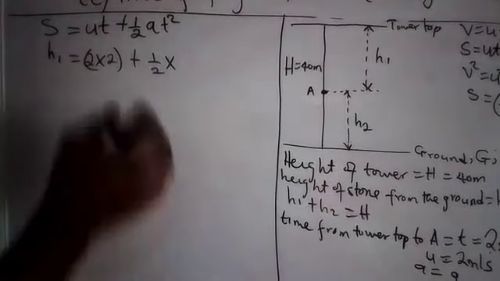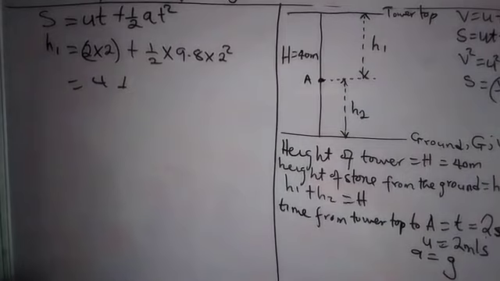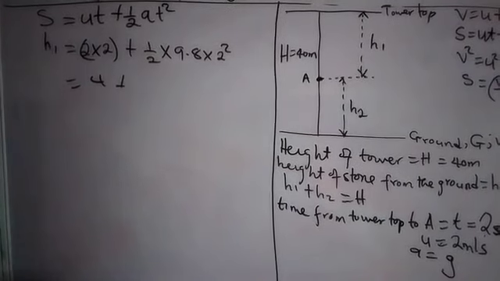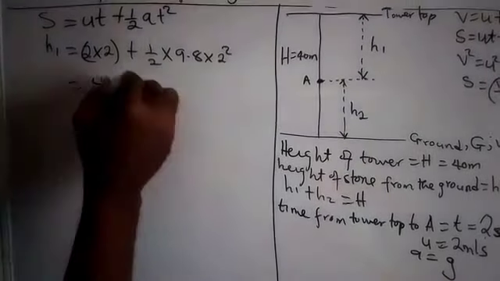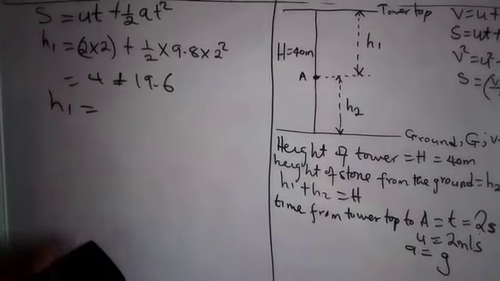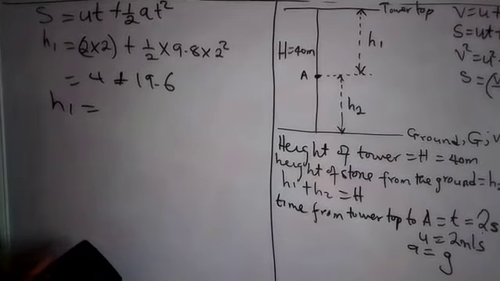So here we have 4 plus 4 times 9.8 divided by 2, that is 19.6. So H1 is 19.6 plus 4, which is 23.6 meters.